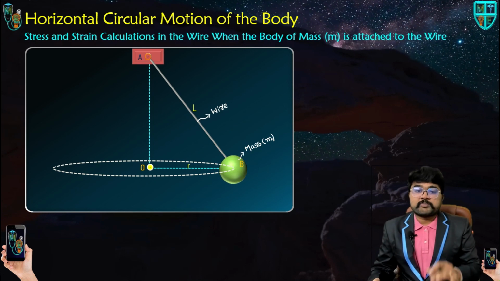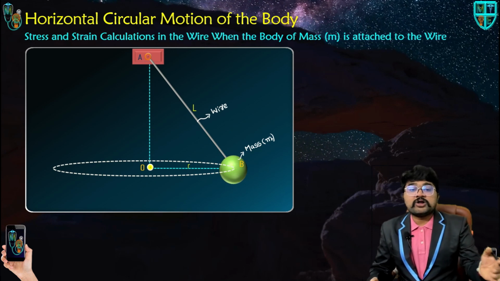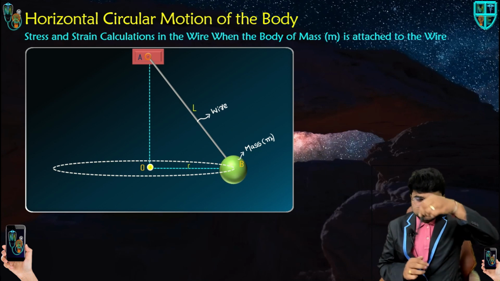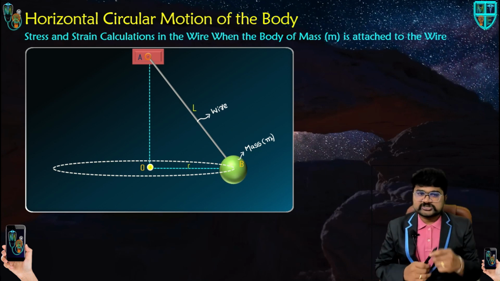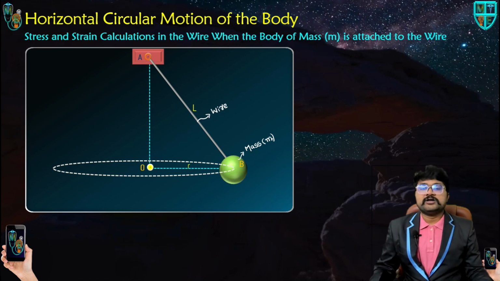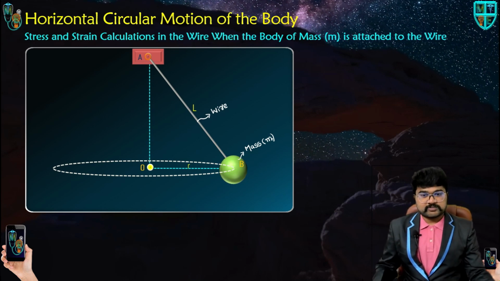This particular body is in circular motion on the horizontal plane. So it is moving like this. Understood? So it is moving on the horizontal plane. That is why you call it horizontal circular motion.